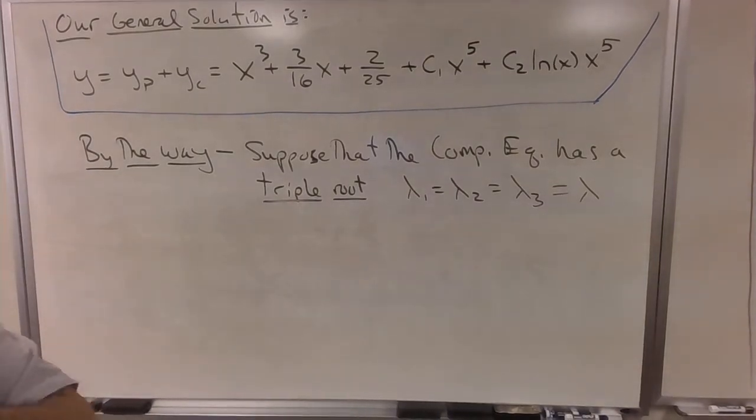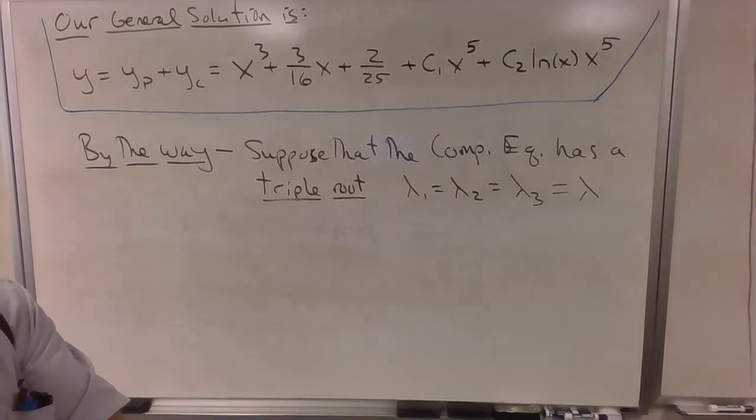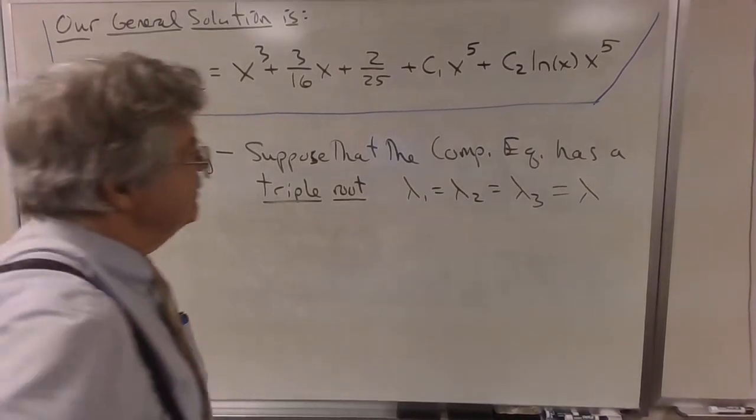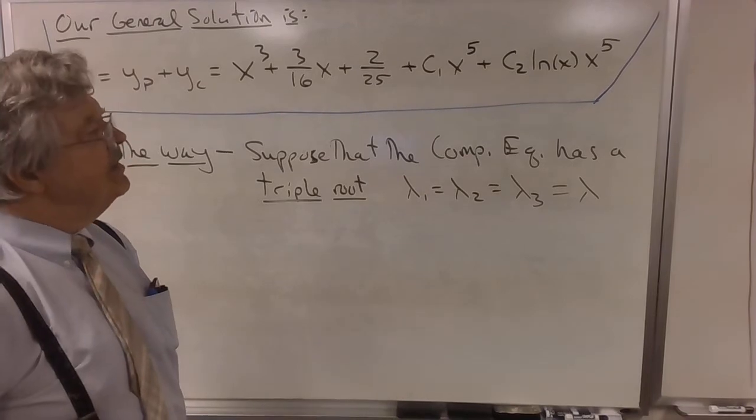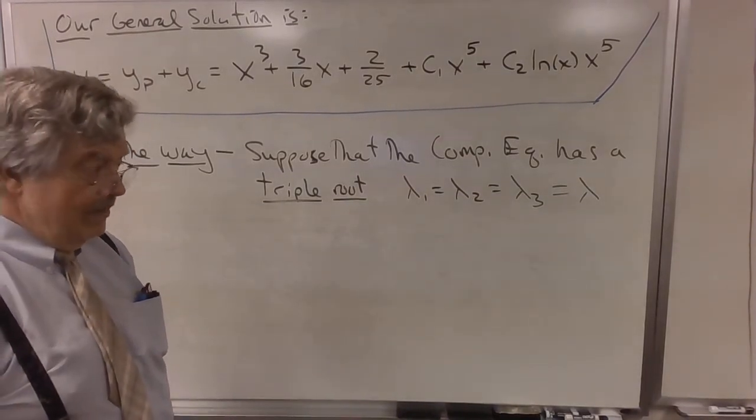We might be wondering about this. We might run into something this ugly, but it's only ugly if we don't know how to deal with it. Suppose that we have a triple root. What do we do then?